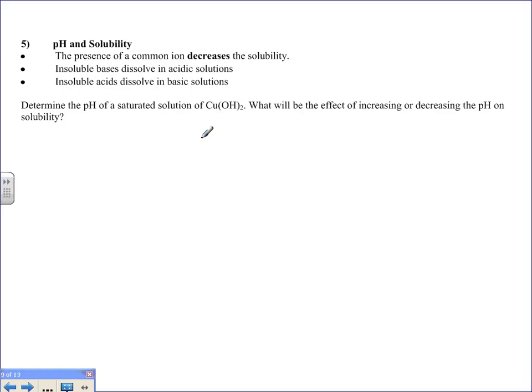We can also examine the pH of a saturated solution and the effect of changing the pH on the solubility of a substance by looking at a hydroxide. So if we examine the hydroxide, copper(II) hydroxide, the equilibrium that we're studying is this one here. We want to determine the pH of a saturated solution.